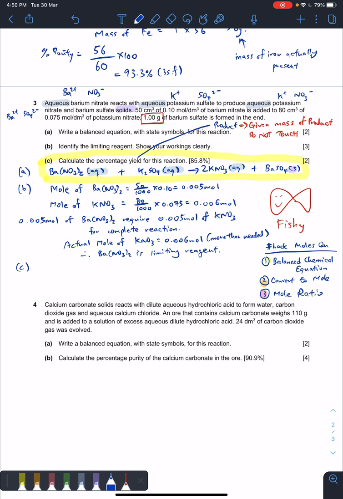So to continue, do you use the limiting or do you use the excess to continue? So you'll use the limiting reagent to continue. So now 1 barium nitrate is to 1 barium sulfate. So mole of barium sulfate is the same.